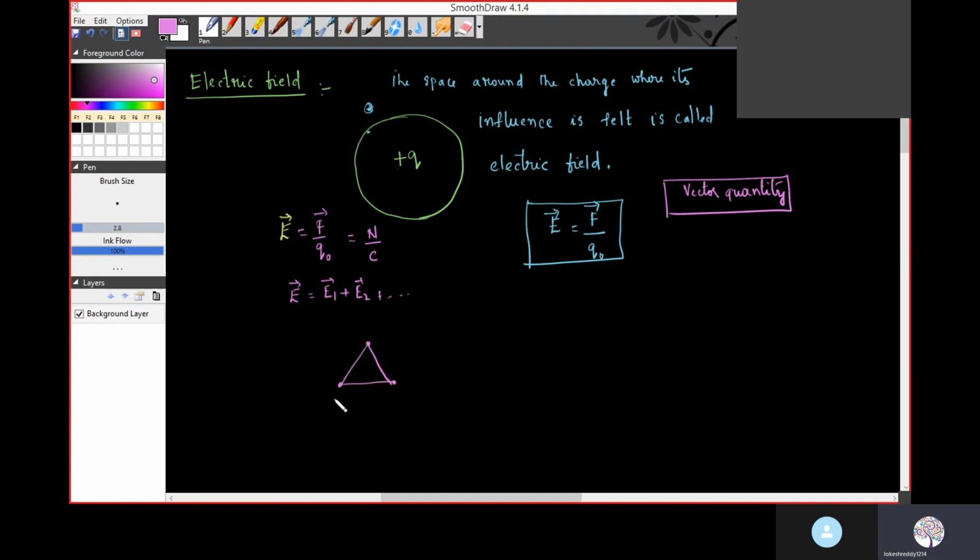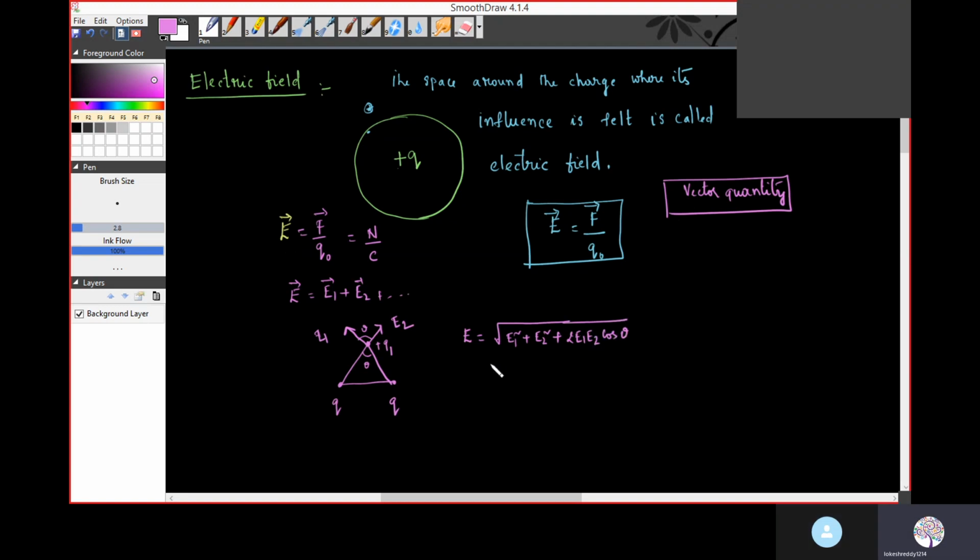Say for example, if you have charges Q and Q, this is going to push in this direction, and this is going to push in this direction. Here I will write E1 and E2, and if it is equilateral, then E1 will be equal to E2. Then E is equal to root of E1 square plus E2 square plus 2 E1 E2 cos theta.